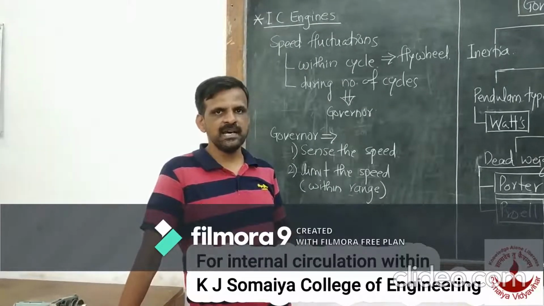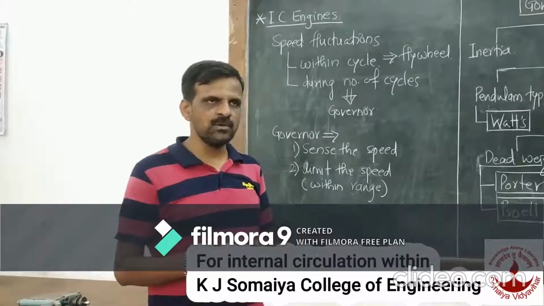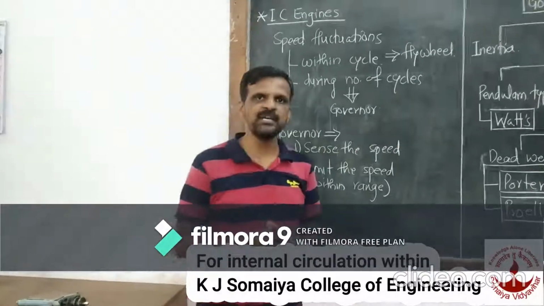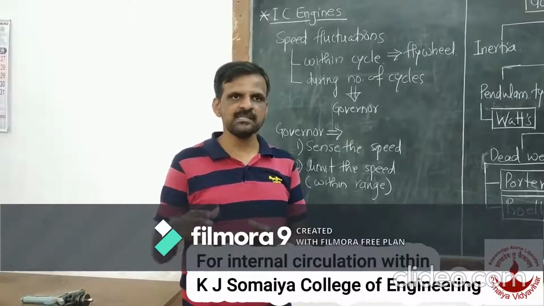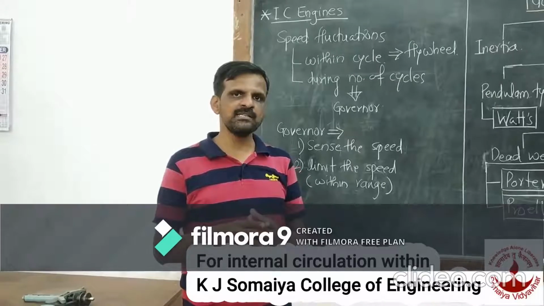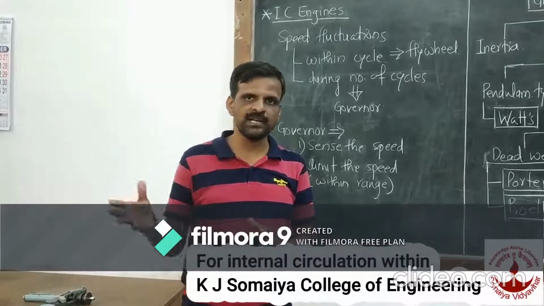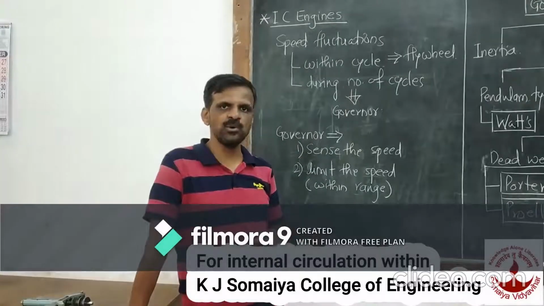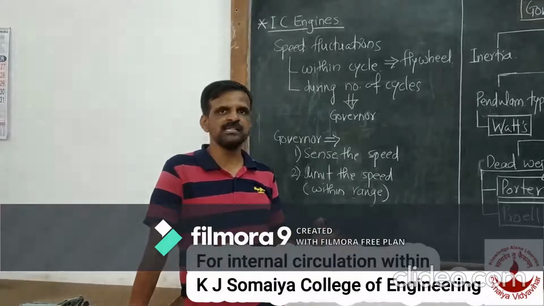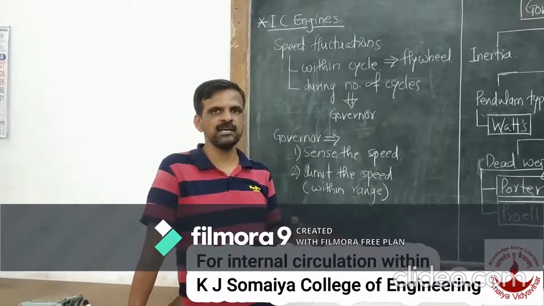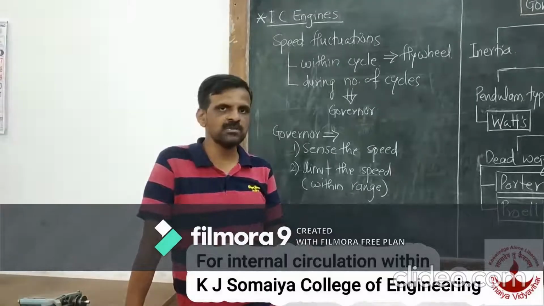Now what happens when the load on the engine goes on decreasing? The speed starts to increase, and when the load decreases to a very low level, the speed may become too violent. On the other side, when the load on the engine increases a little on the higher side, it is possible that the speed of the engine may come down, and the engine may come to rest, and that is also not advisable.